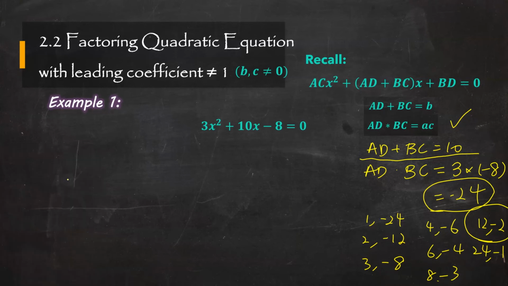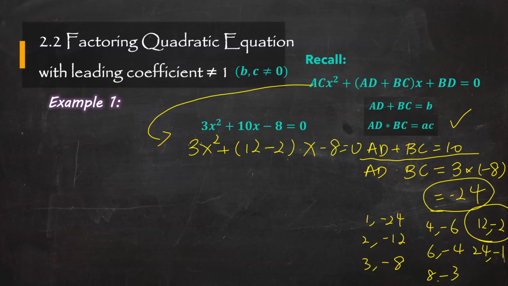So now we can write the general expression as 3x squared plus (12 minus 2) times x minus 8 equals 0. And then we can distribute the coefficient of x.